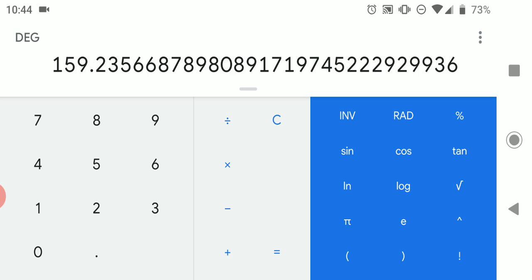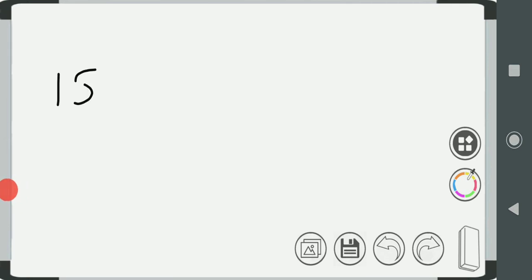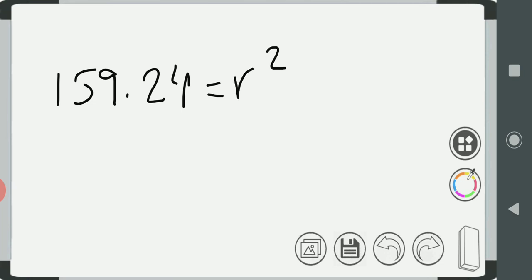In the hundredths place, I have a 3, and in the thousandths place, I have a 5. So this is going to round up to 159.24. So 159.24 equals radius squared. And that's where it starts getting a little more tricky.